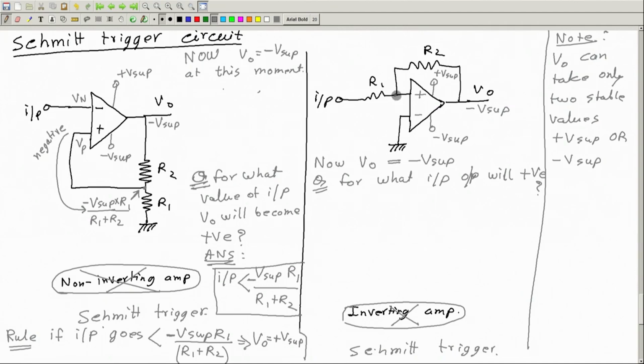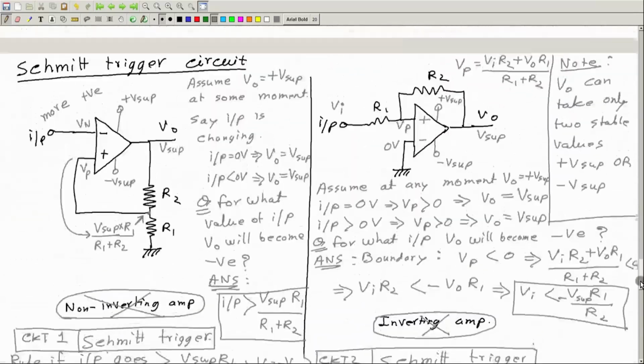So, it will become positive when this V P goes above 0 volt. So, V P has to go above 0 volt. So, the answer: V P has to be greater than 0 volt. Now, what is V P?